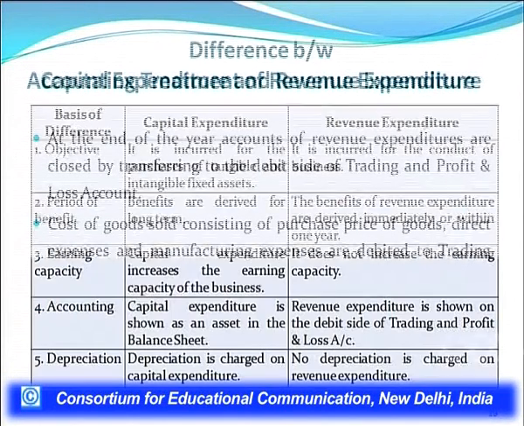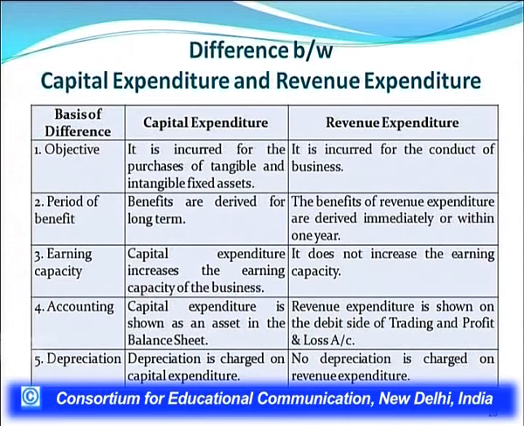Now, we would like to compare the capital expenditure and revenue expenditure. The first criterion for the difference is objective. The objective of incurring capital expenditures is to create tangible and intangible fixed assets, while the objective of revenue expenditures is to conduct the business, the day to day business activity.